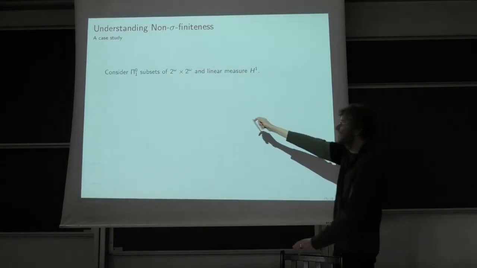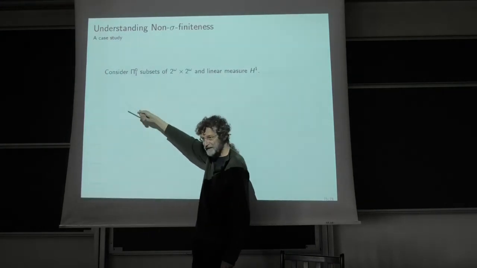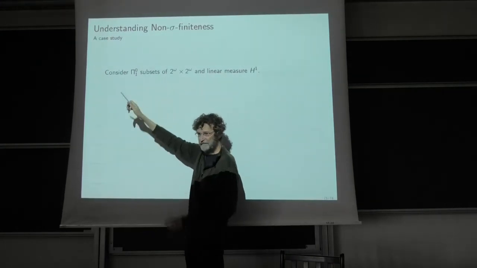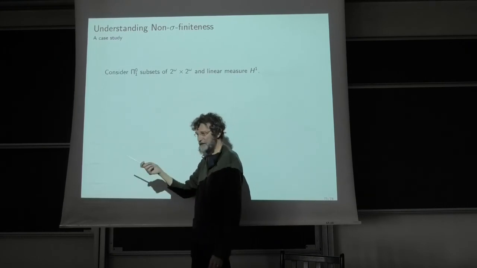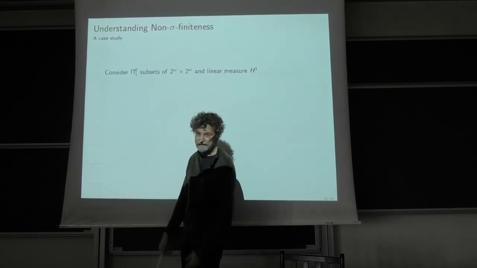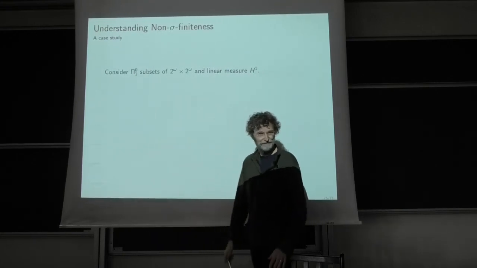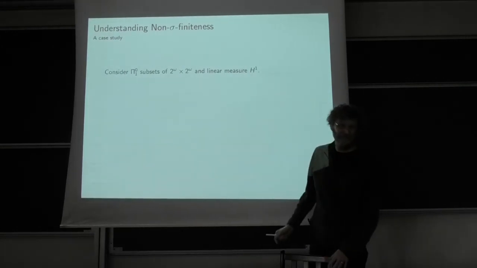Closed sets, that's pi 0, 1, effectively closed sets, effectively presented closed sets, a very simple, in this context, an easy object. A closed subset of the product of the Cantor plane. Okay, and linear measure.